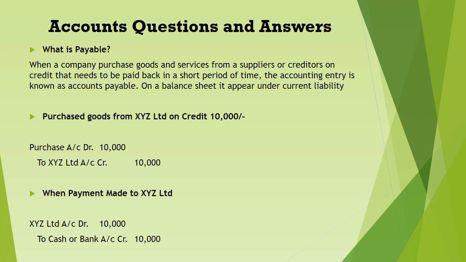When we make the payment, the supplier is debited and cash or bank is credited. You understand? When we purchase, the material comes inside and the amount goes to the supplier. When we make the payment, the supplier receives the payment from our company, through accounts payable, bank or cash.